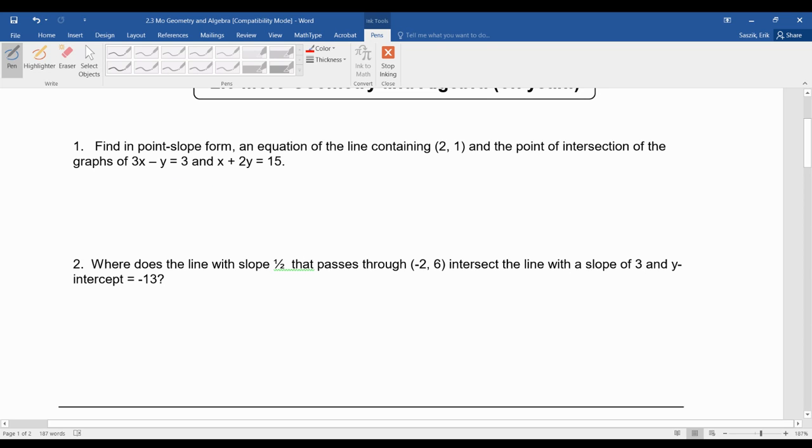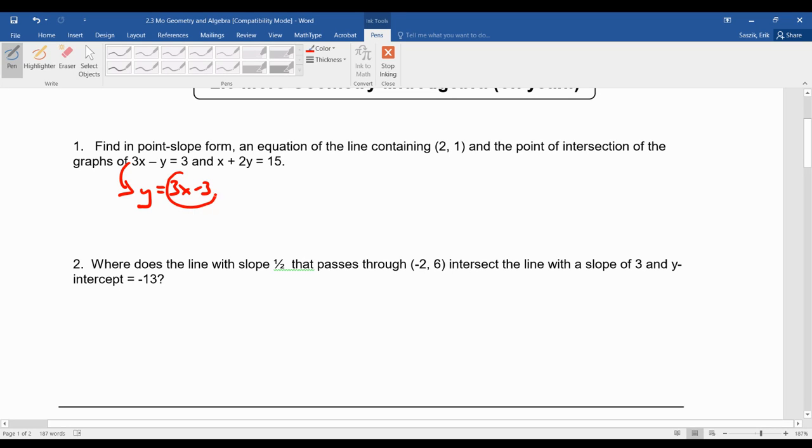So I hope you realize, we have to find the intersection of these two things here. And there's a couple different ways of doing this. I'm probably going to use the substitution method. This equation here, if you move the y over, would become y equals 3x minus 3 if I isolate the y.